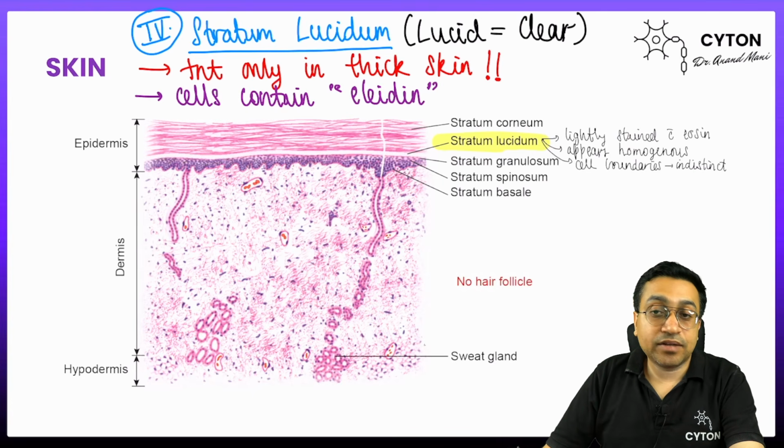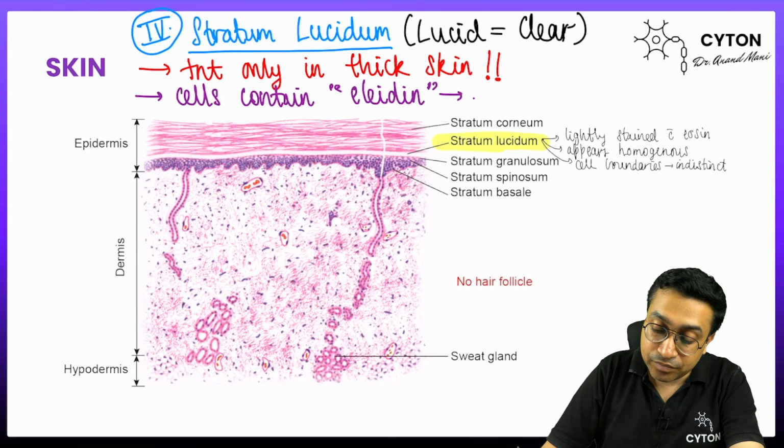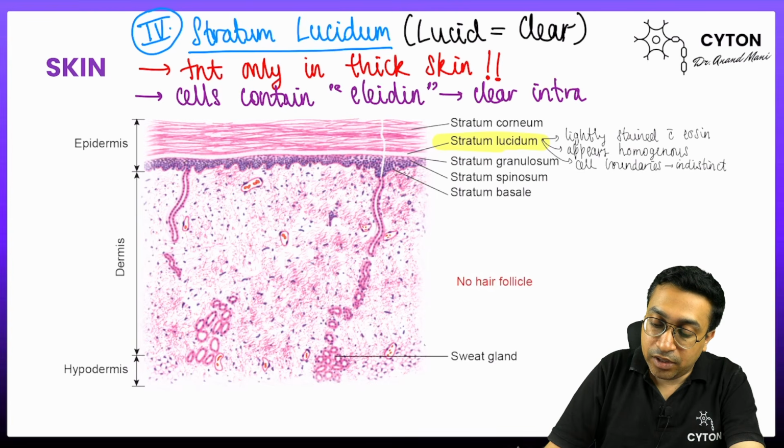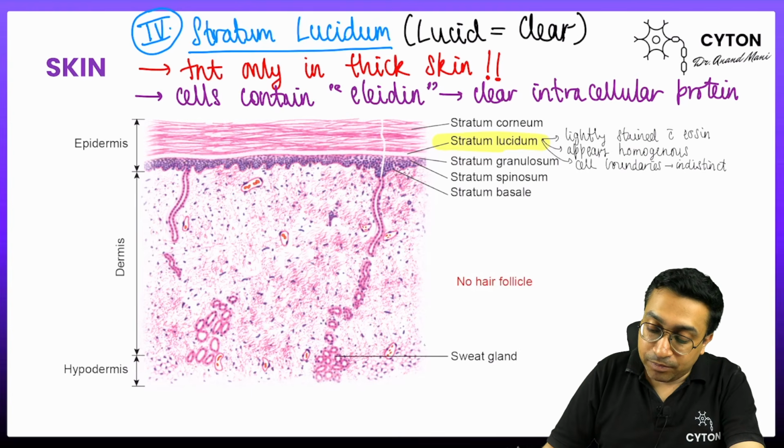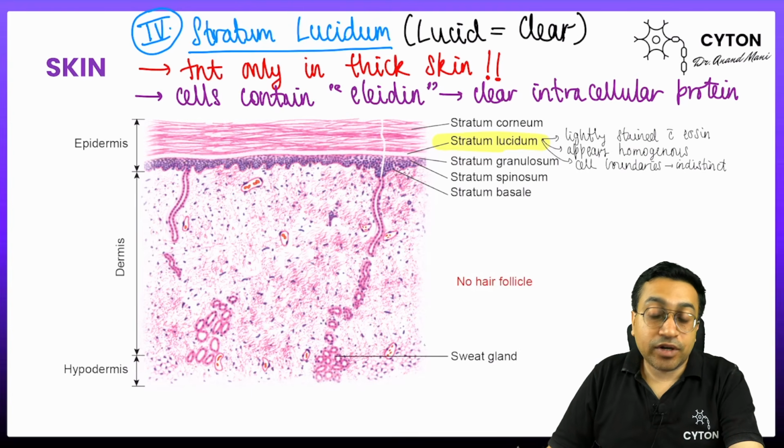What is eleidin? It is a clear intracellular protein which is derived from keratohyalin only. And this eleidin protein gets converted to keratin.